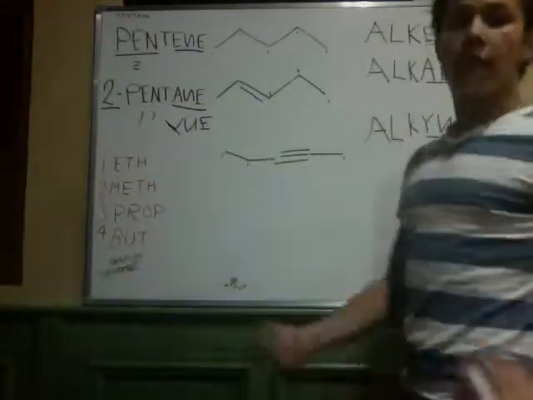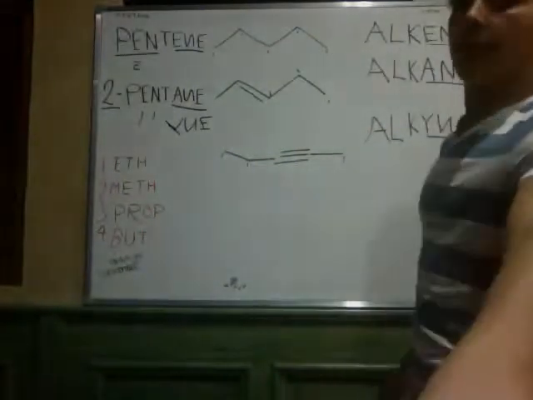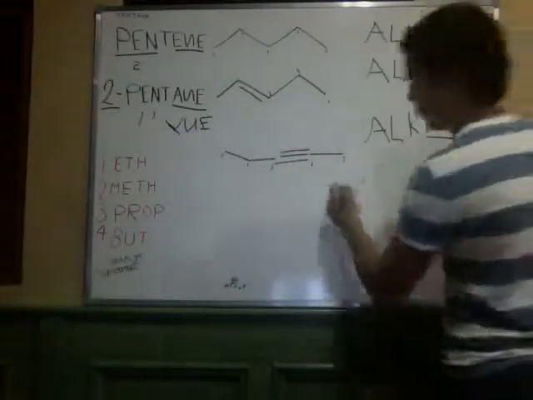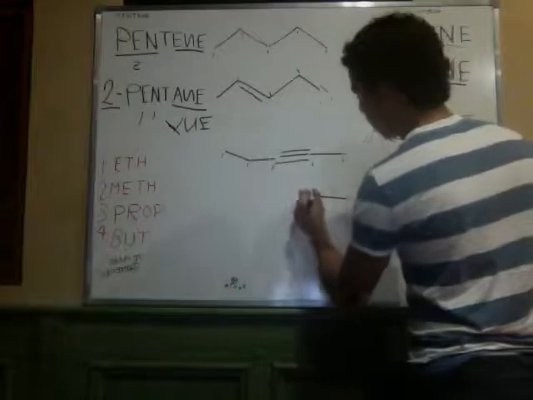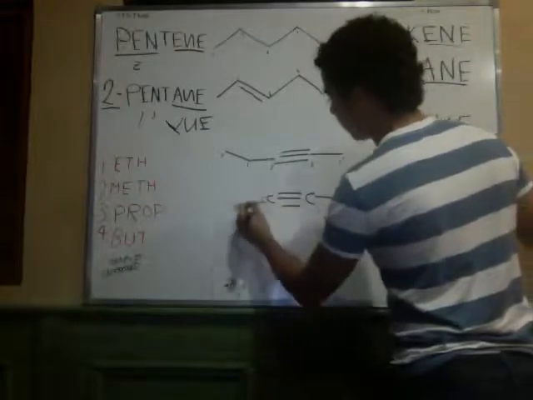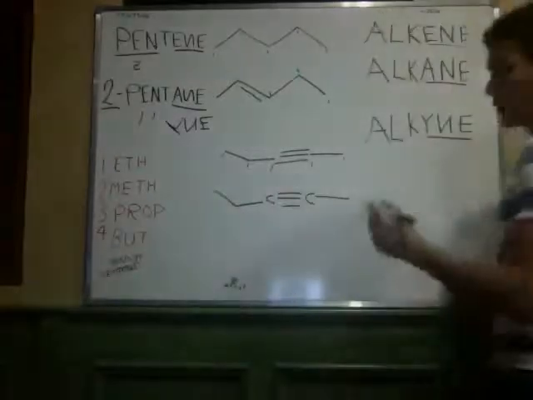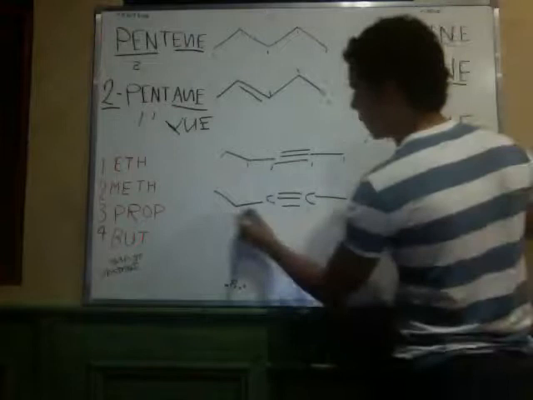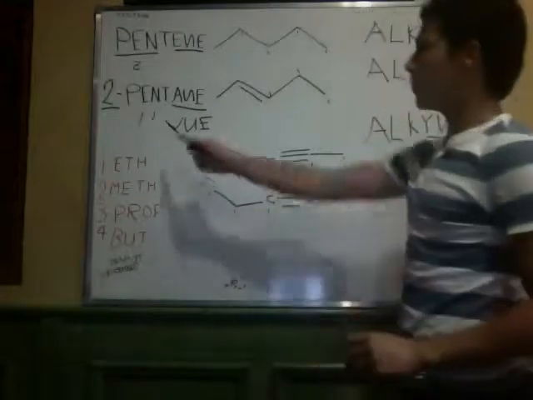But no, it's still a pentane because here it's another ending and another ending. So you might as well put carbon, carbon, and leave it this way. This way you can clearly see there's 1, 2, 3, 4, 5. So it would be the same.